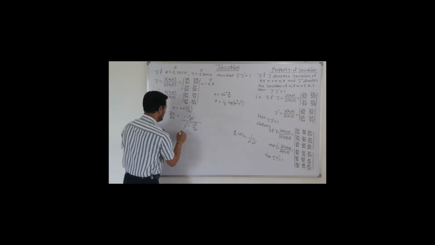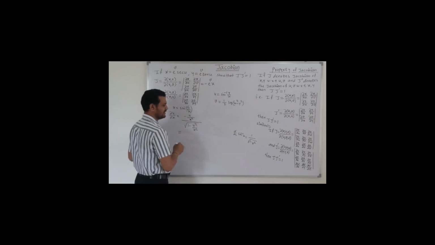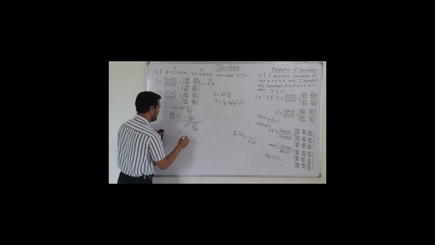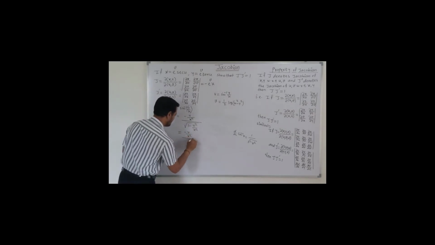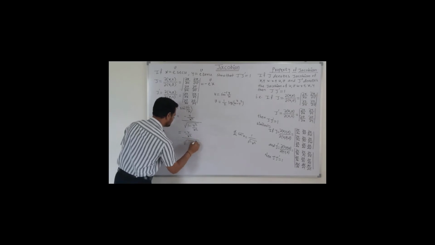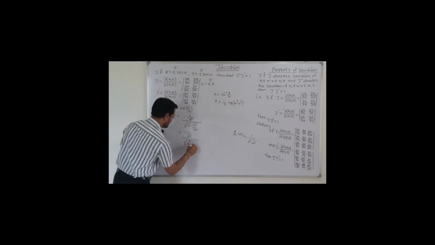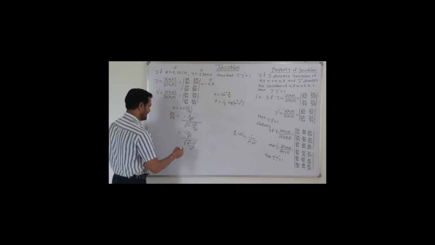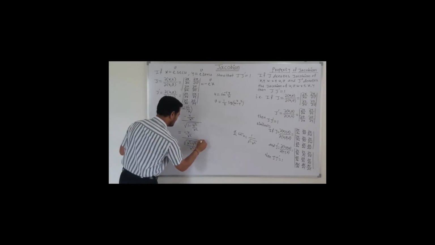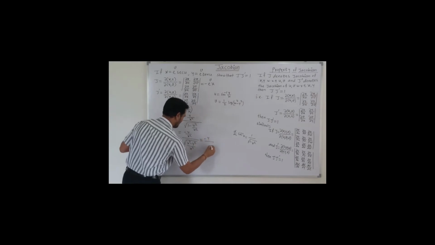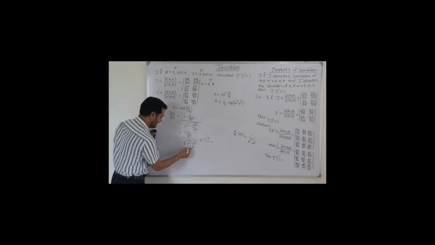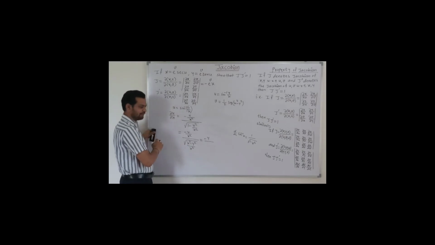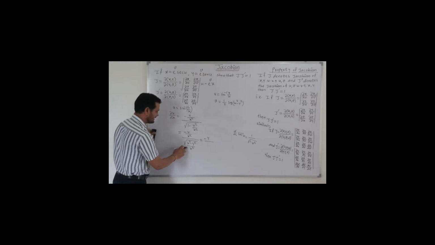Once again, if we try to simplify this term, we get minus y upon x square divided by root of x square minus y square divided by x square. If we simplify again, after taking x square outside the root, we get x.